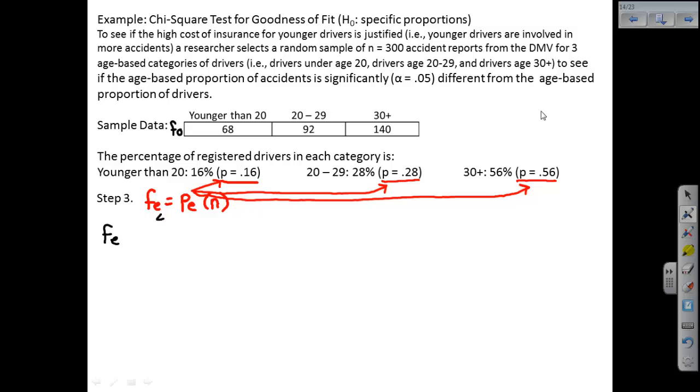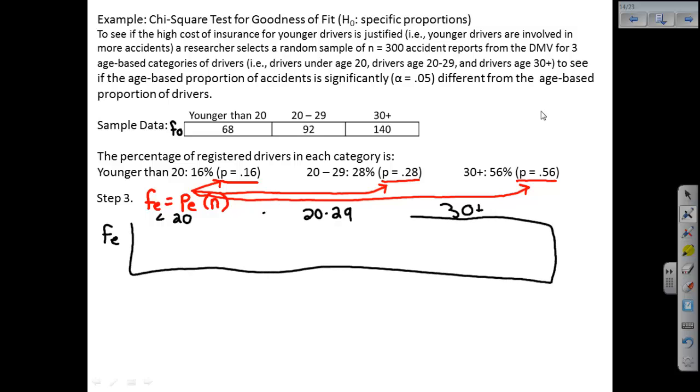So younger than 20, between age 20 and 29, and then 30 plus. Like I said before, you want your expected frequencies to be placed in a table that mimics your observed frequencies so your calculations are easier, because you need to find each expected frequency for each observed frequency in your data.